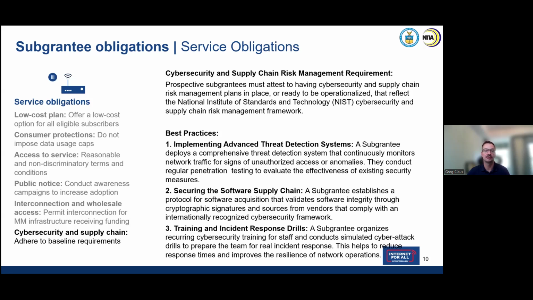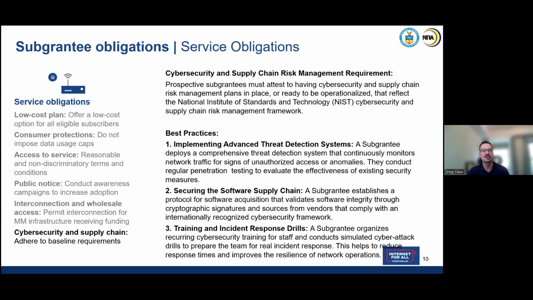Are you making sure it complies with internationally recognized cybersecurity frameworks? And are you training your staff, making sure that they are aware of all the procedures and that they have knowledge about what happens if a threat is identified, what they do in that case, and you're doing response drills to make sure everyone's compliant.